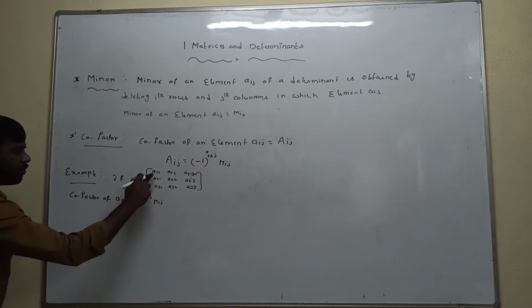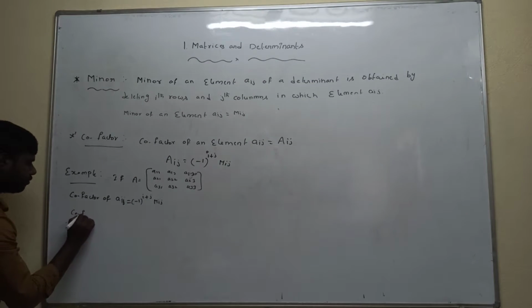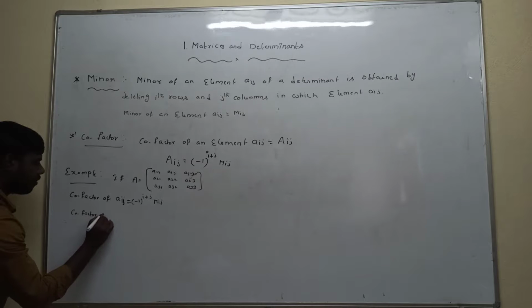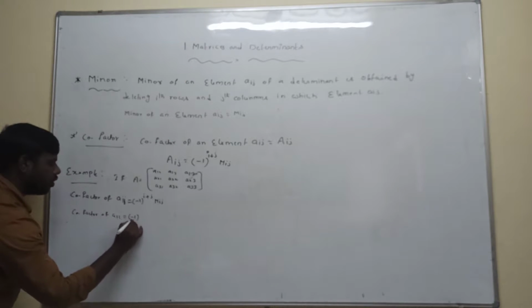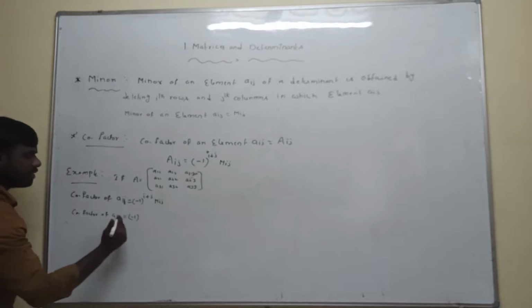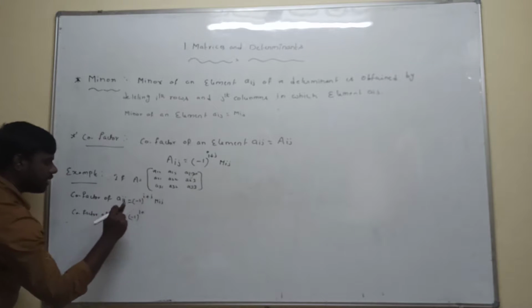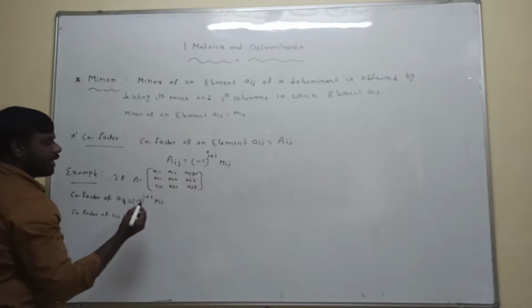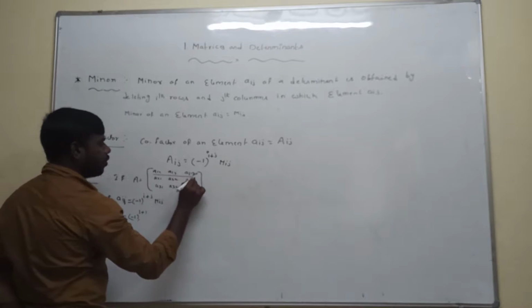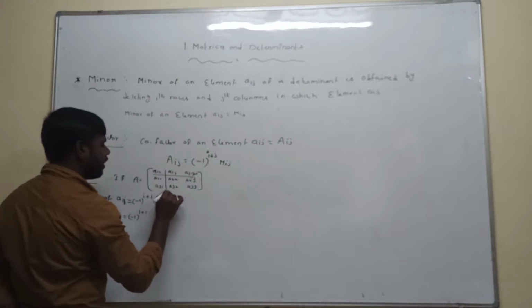That's why we calculate the cofactor of A11. A11 is equal to -1 whole to the power of, in place of i what is there, 1, in place of j what is there, 1, into Mij. Which element you are taking, that particular row, that particular column is eliminated.